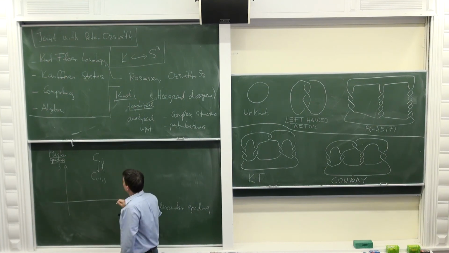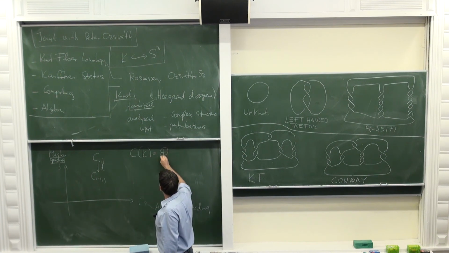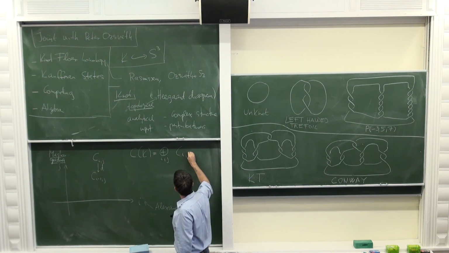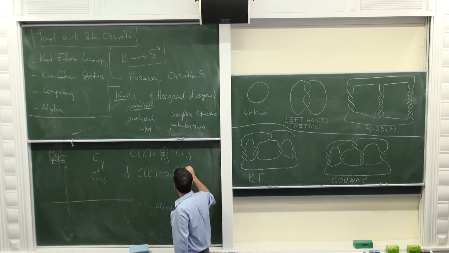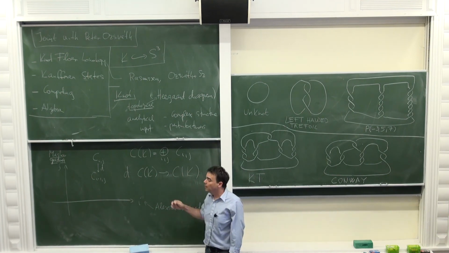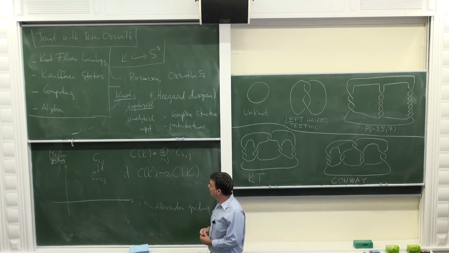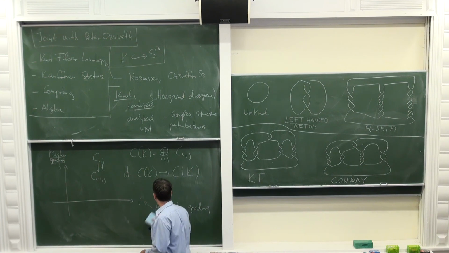Okay? So if C of K is the sum, then there is a map from here to there. Its square is trivial, so boundary squared is 0, and then we can take homology, and at the end out of this we get a homology theory.